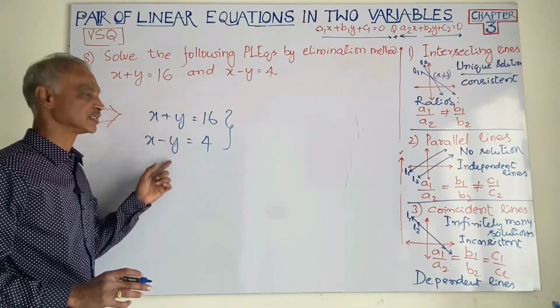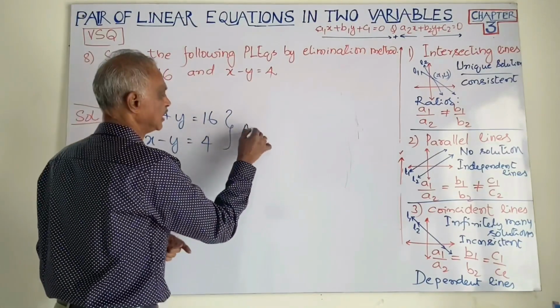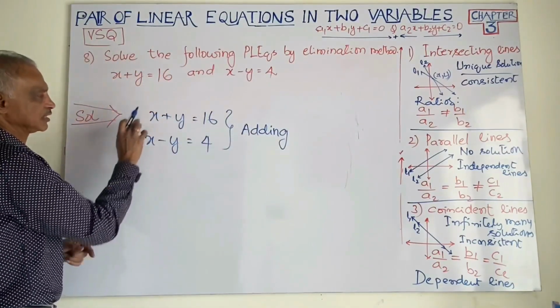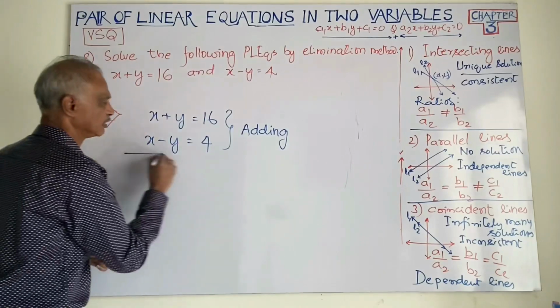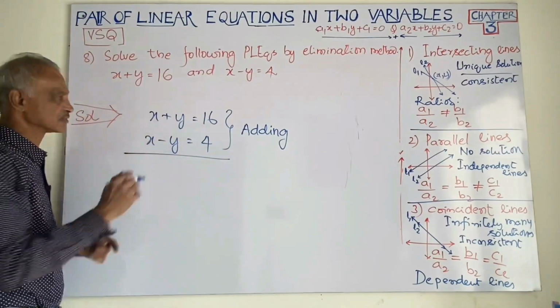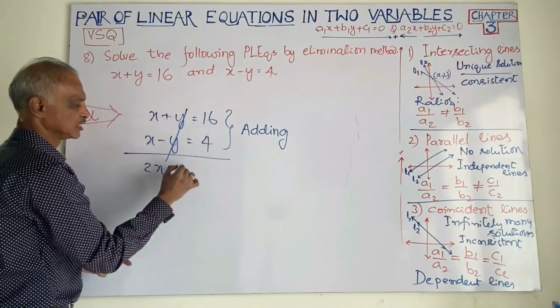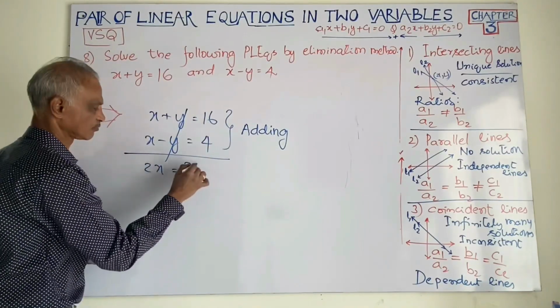Now plus y, minus y is there. What do I have to do? Add these two equations, equation 1 and 2. Plus y minus y cancel. x plus x, 2x is equal to 16 plus 4, 20.